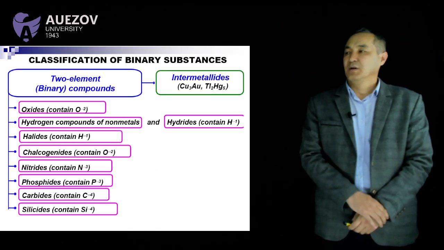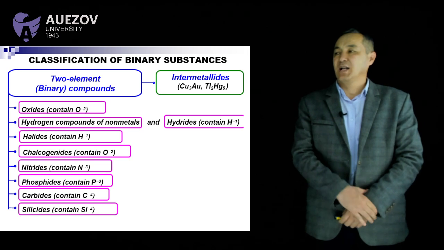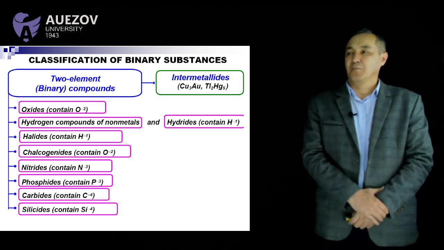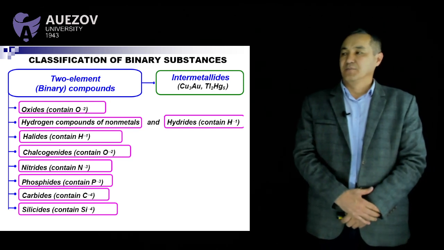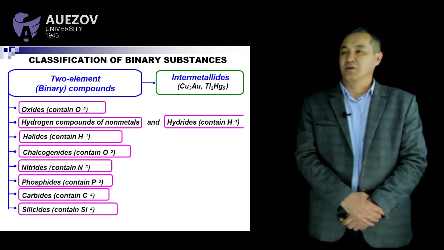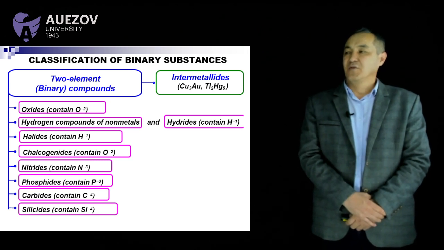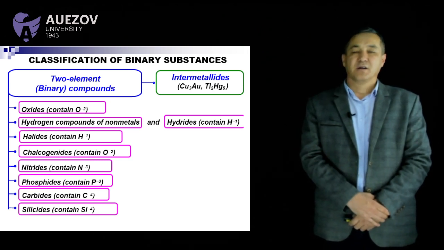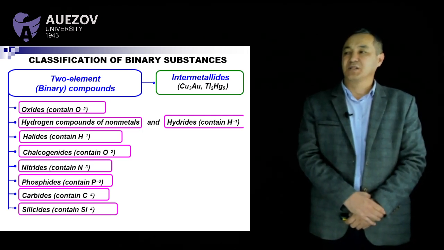Classification of binary substances, two-element binary compounds or intermetallics. There are several concepts. First, oxides contain oxygen atoms.